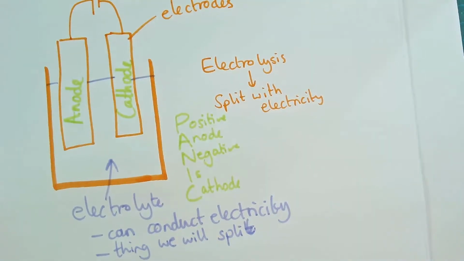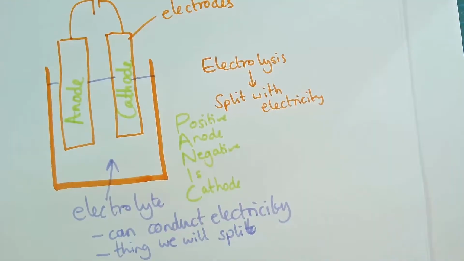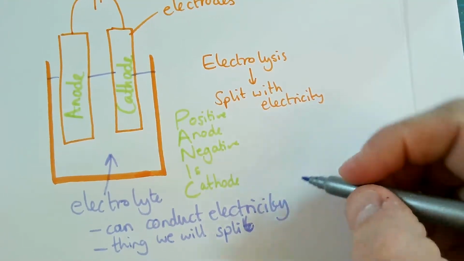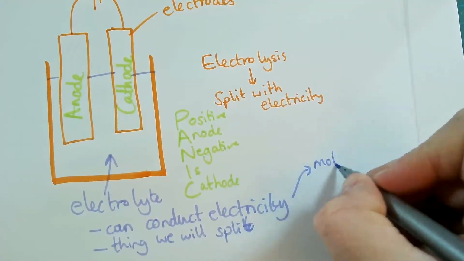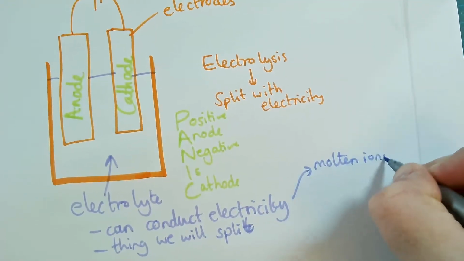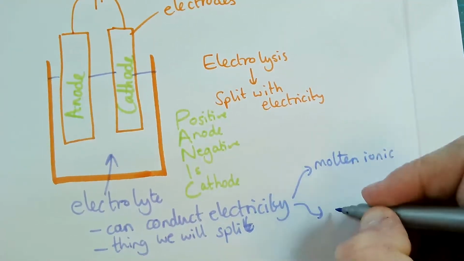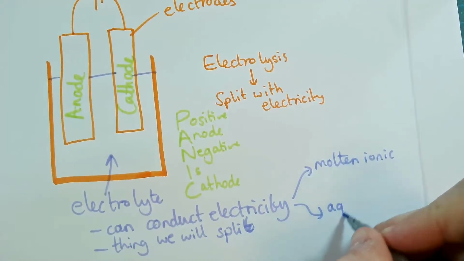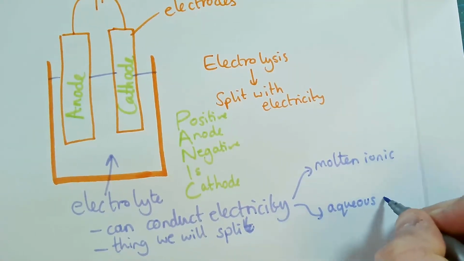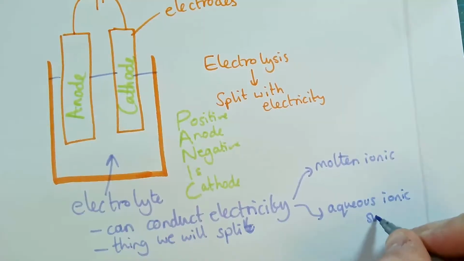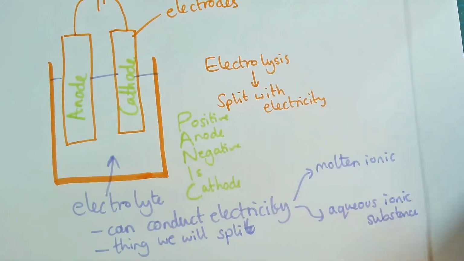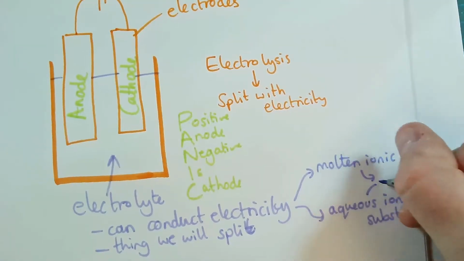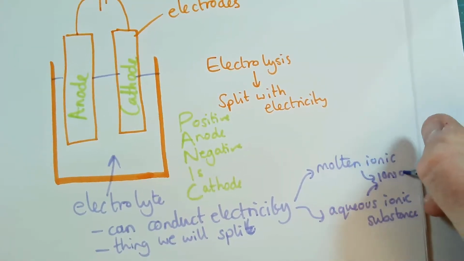Okay. Now, because it can conduct electricity, you're kind of limited now to two things, right? You're either going to be a molten ionic substance, or you're going to be an aqueous, like dissolved ionic substance. And why are you going to be either of them? That's because the ions can move.